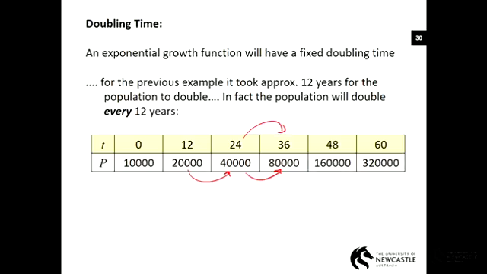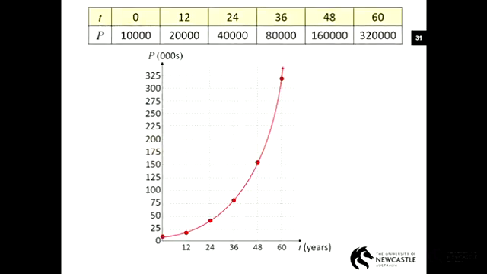I don't care what population you had, on any day, it will be twice what it is now in 12 years. So the definition of doubling time is exactly that: the time taken for this thing to double. There it is graphed, and sure enough, every 12 years, it doubled.